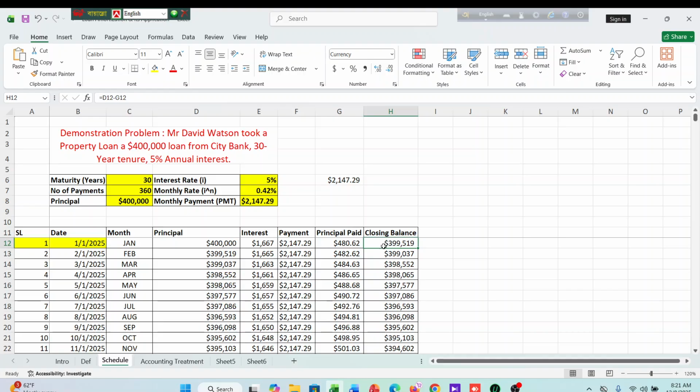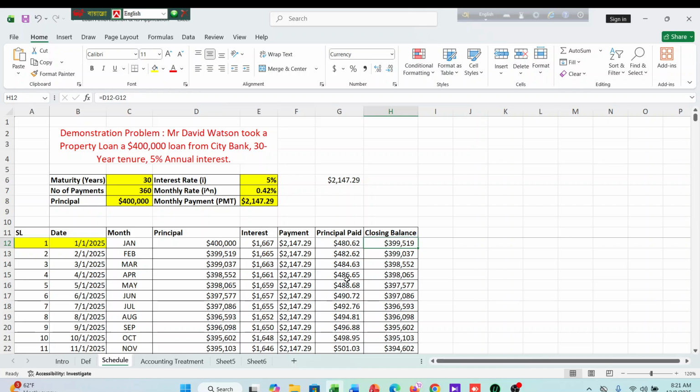So I think it will not be tough for you to calculate the loan amortization for your business. But it is not only loan amortization; it has some more uses. Now we have to see the accounting treatment and how it impacts different accounting software.